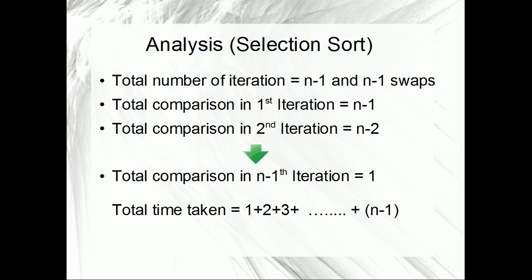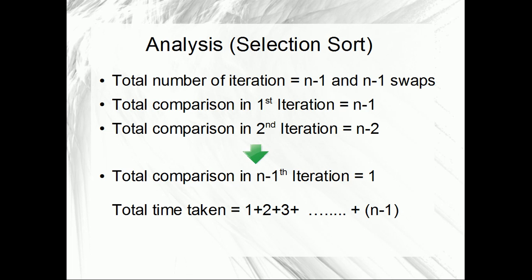The total number of comparisons in the second iteration equals n minus 2, because we are picking an element from the unsorted array and comparing it with the rest of the elements of the unsorted array. So the number of comparisons will be reduced.